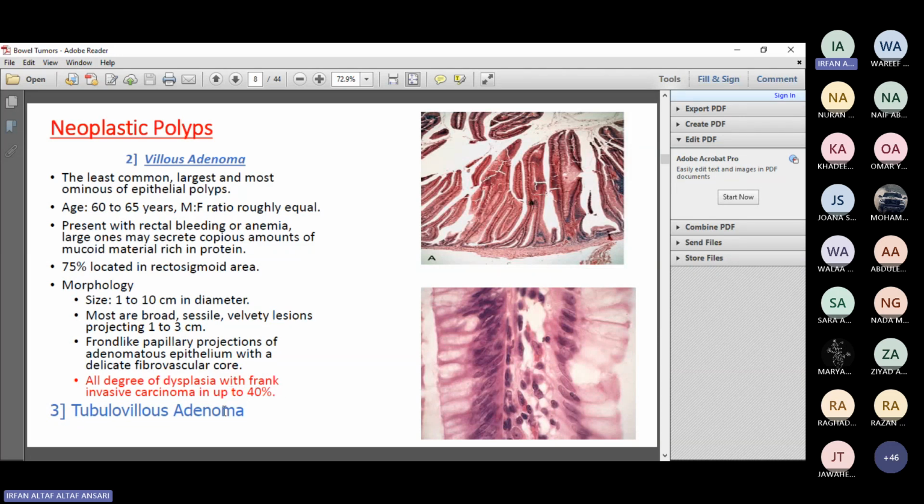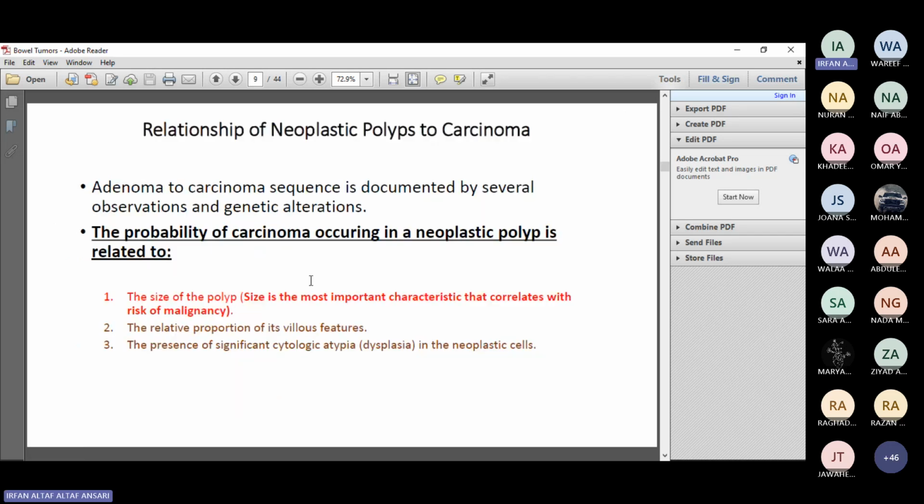Then we have tubulovillous adenoma. It has features of a combination of both. Now it is very important, as a pathologist or as a treating surgeon, that you must know whether the polyp you are seeing could be benign or malignant. The adenoma to carcinoma sequence is a documented sequence, and it is one of the prototype examples of multi-step carcinogenesis.